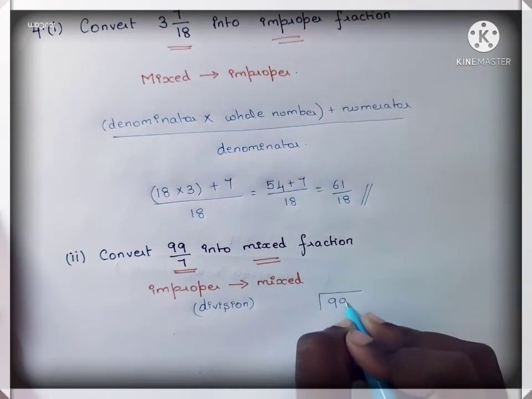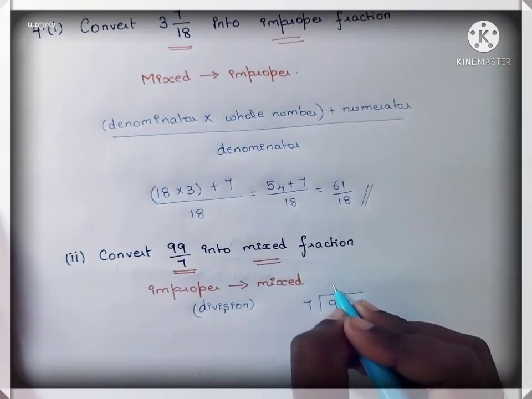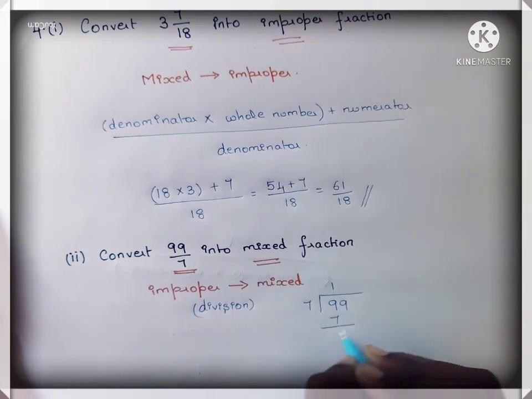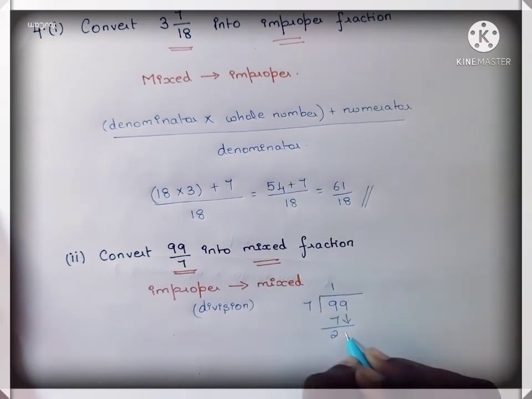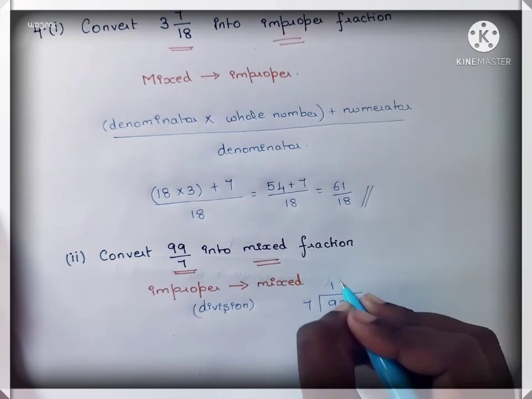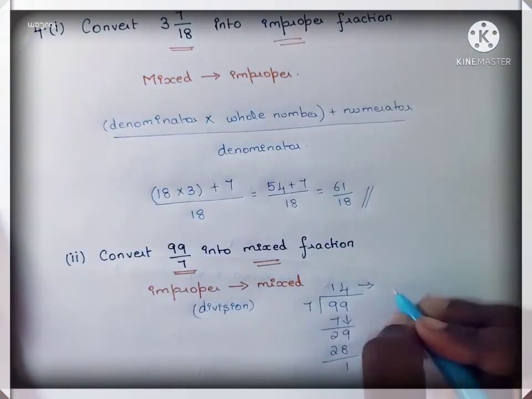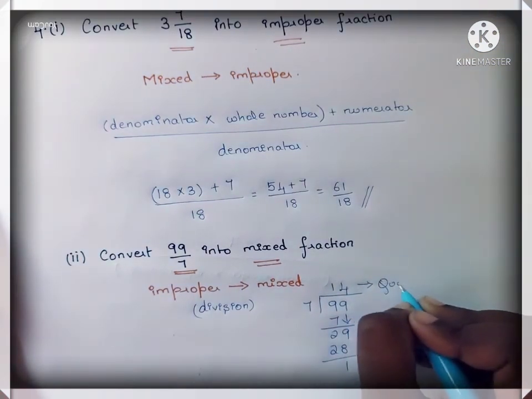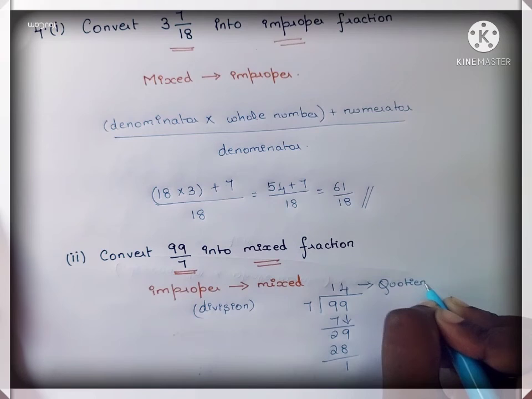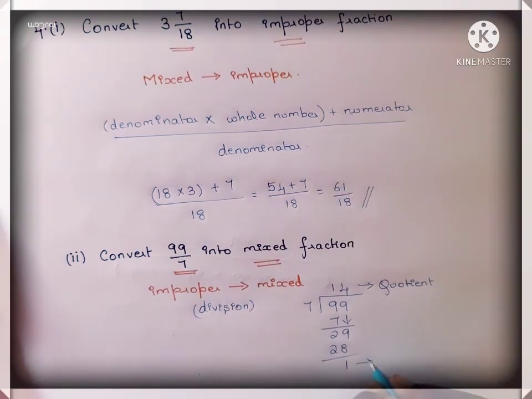That is, we have to divide 99 by 7. 7 ones are 7, remaining is 2, and we bring down 9, and 7 fours are 28, and we have a remainder 1. So we have got a quotient 14 and a remainder 1.